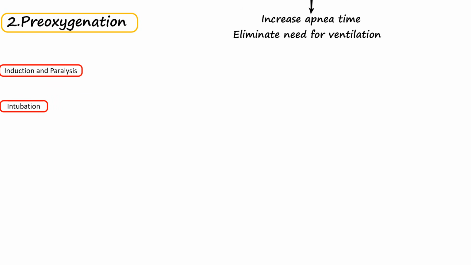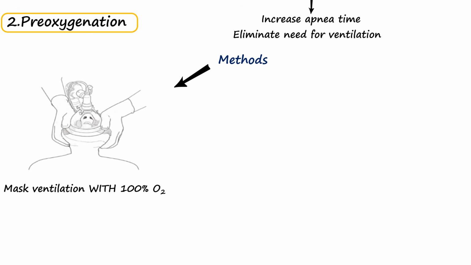Several methods can be used to achieve effective preoxygenation. One commonly used technique is the administration of 100% oxygen via a tight-fitting face mask or non-rebreather mask for 3 to 5 minutes. Alternatively, the patient may be asked to take 8 deep breaths or vital capacity breaths within 60 seconds.